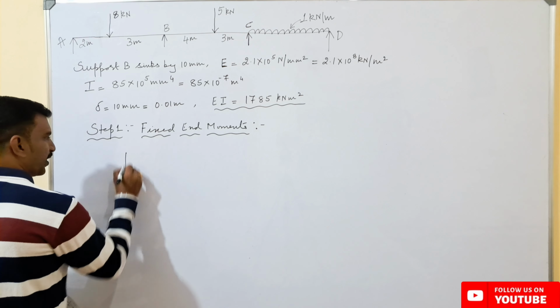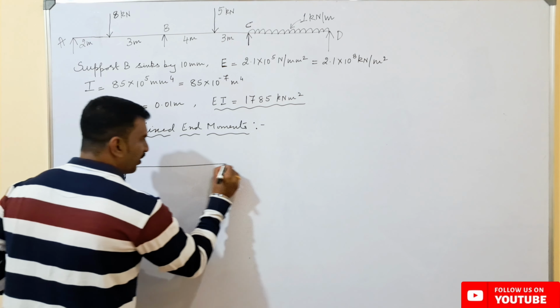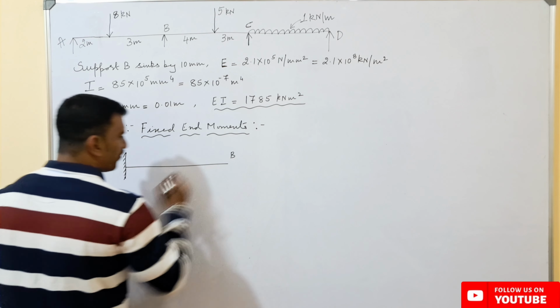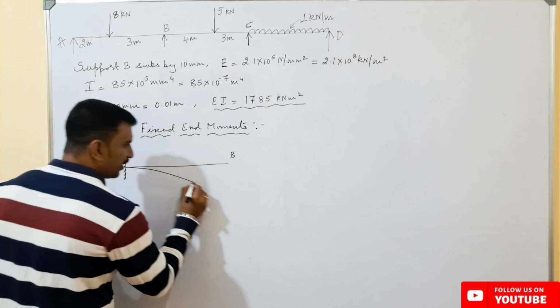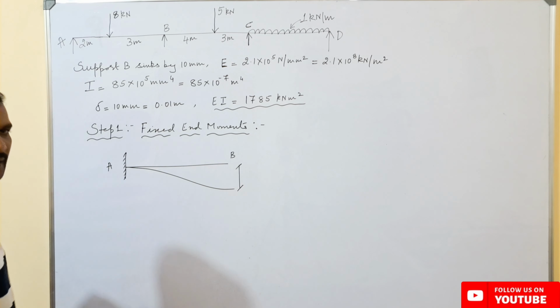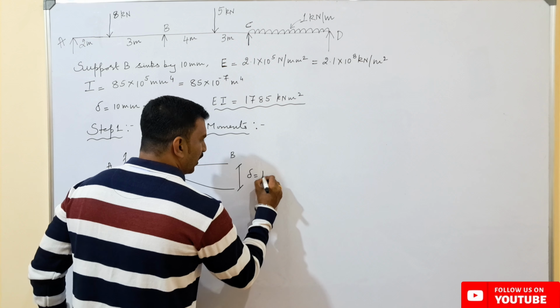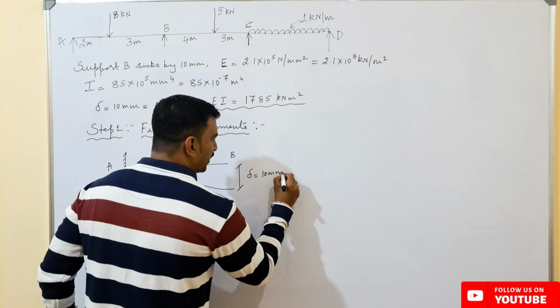So for that, if we consider the span AB over here, this is A and this is point B, which is having a sink over here, which is given as delta is equal to 10 millimeters.